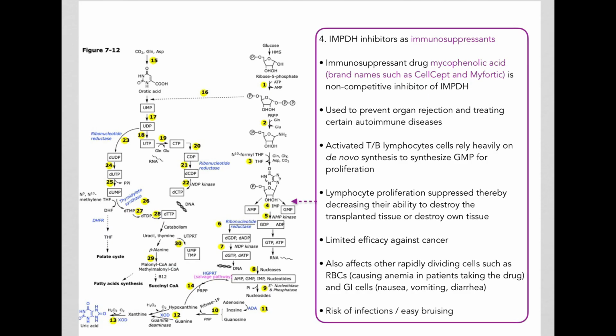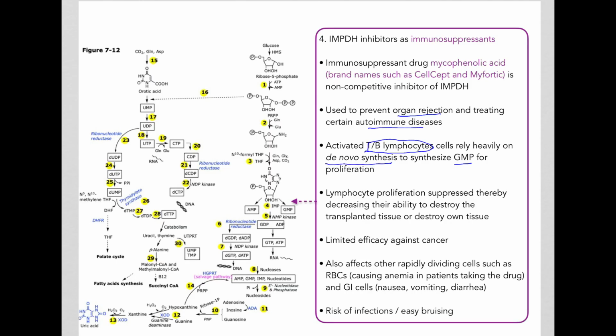These immunosuppressant drugs are used to prevent organ rejection and also for treating certain autoimmune diseases. The lymphocytes, the T and the B lymphocytes that are involved in organ rejection as well as autoimmune diseases, these cells rely very heavily on the de novo synthesis pathway to make GMP.